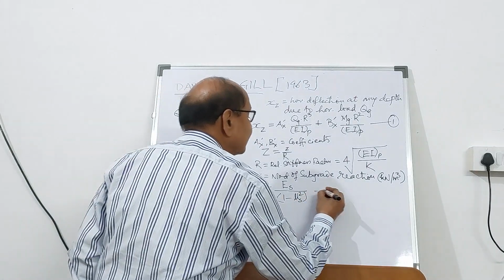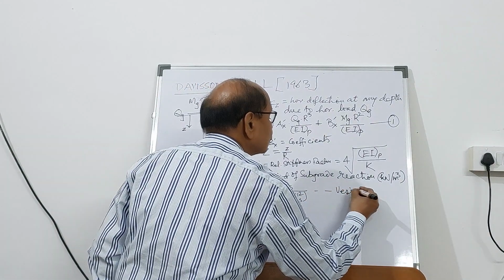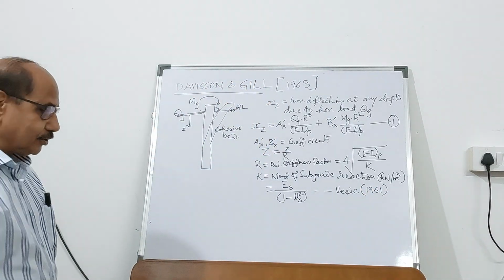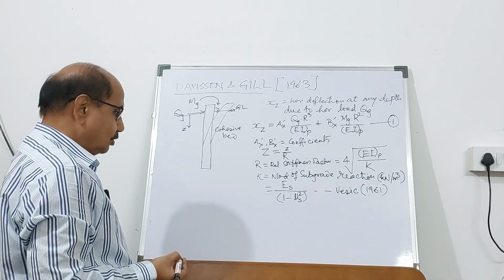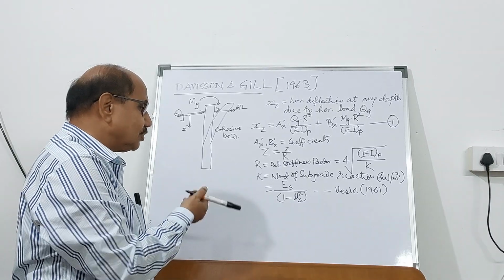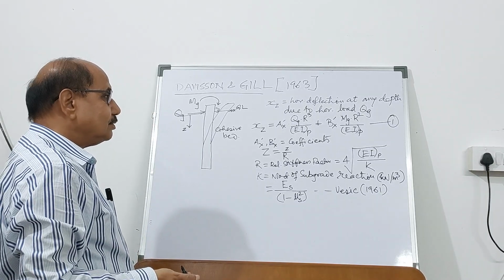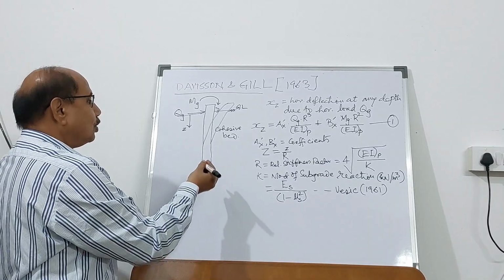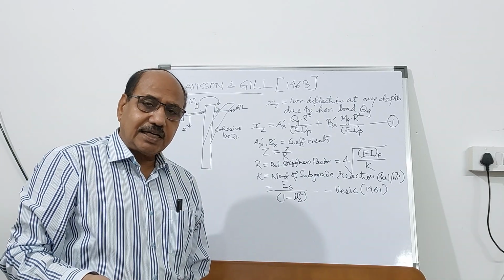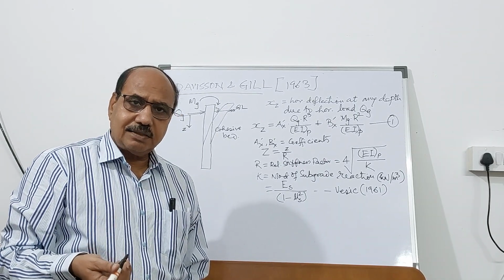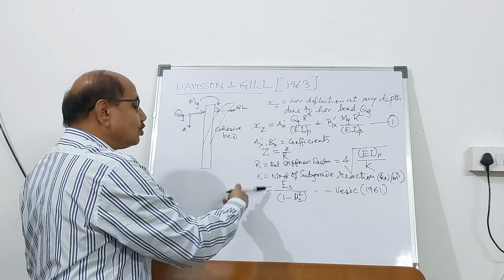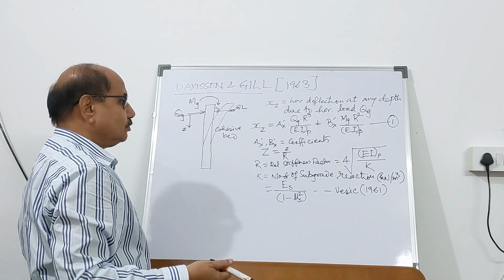This is given by Vesic in 1961. So Vesic's expression is widely used, and the value of K is also given by different researchers for clay bed, for different clay consistency. The clay is very stiff, hard. You can find out from the table the value of K, or you can calculate from this expression.